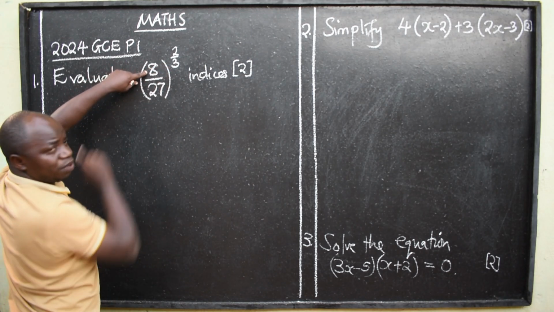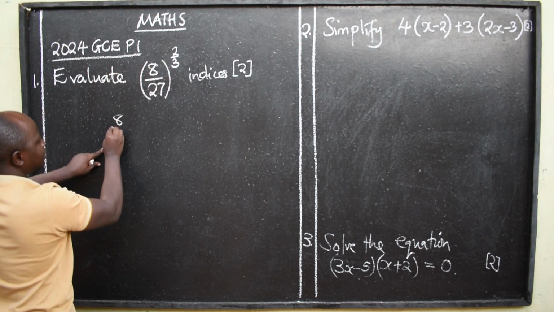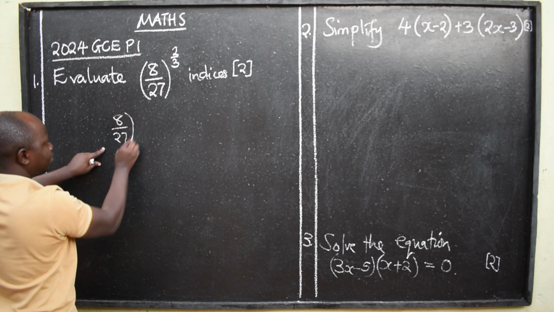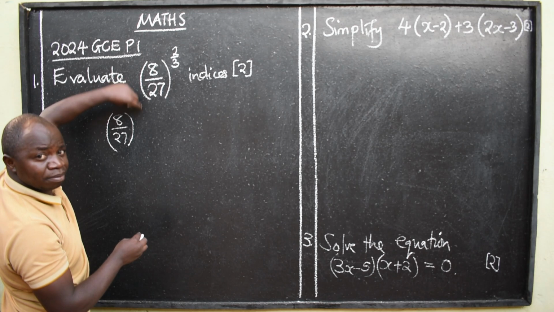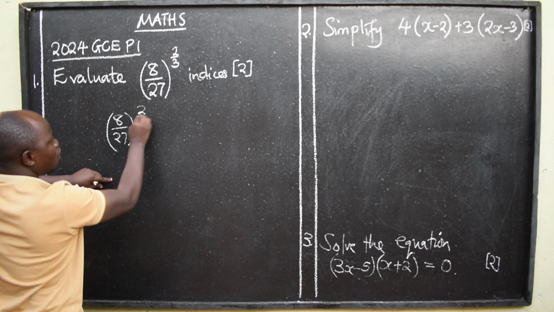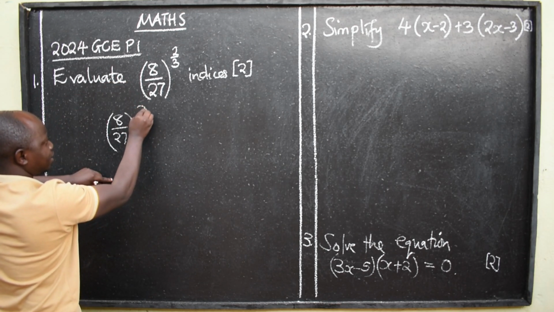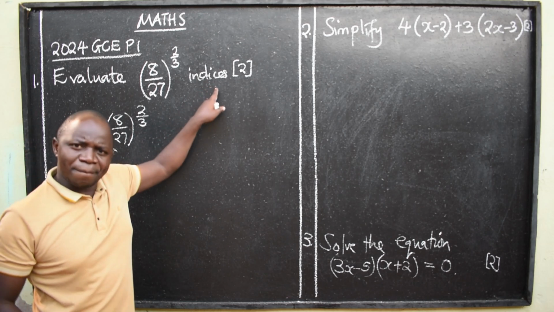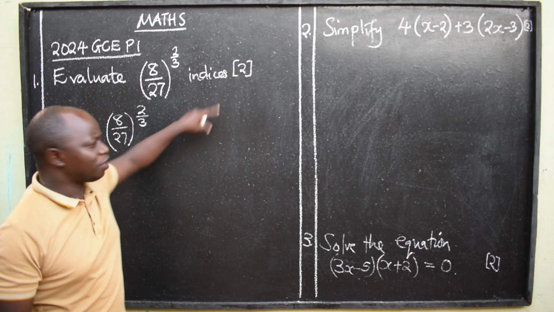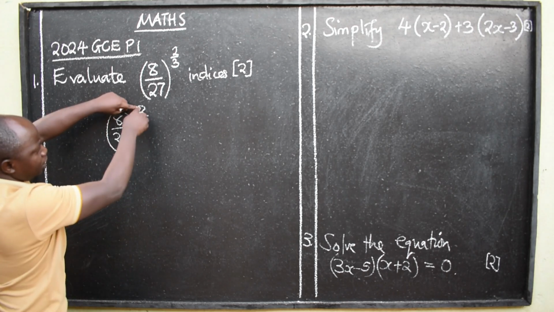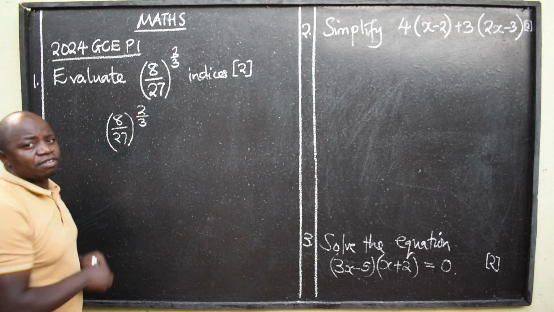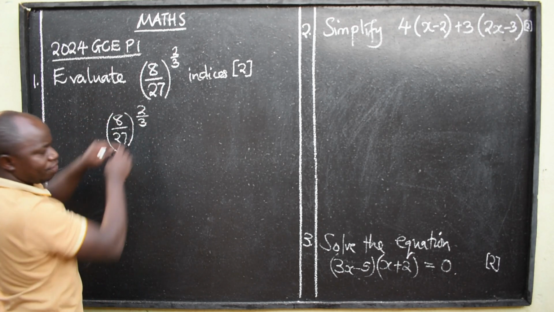You have 8 over 27 to the power 2 over 3, like this. If you remember the topic, you will be able to remember what you're supposed to do. The power here is the fraction, 2 over 3.